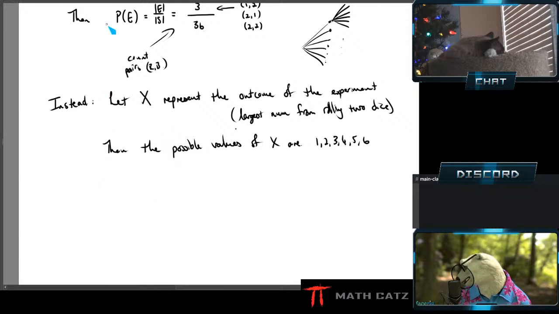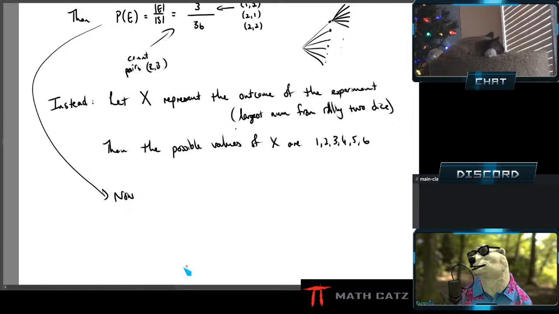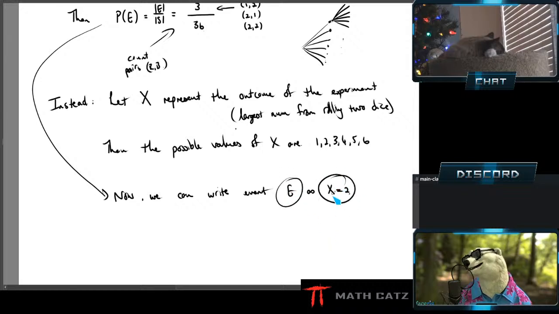So then if I look at my event E, now instead of defining new letters for new events and listing them all, we can, for example, write event E as x equal to 2. This now means the same thing. It's just a different way, it's a more streamlined, efficient way to talk about the outcomes.